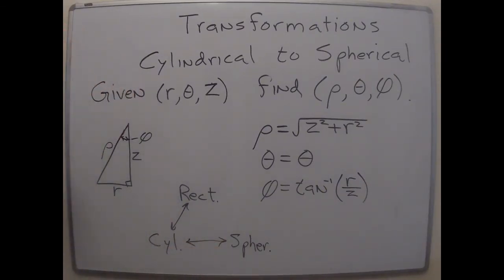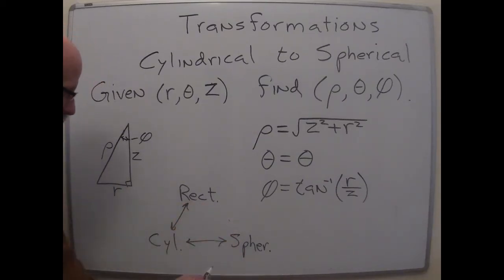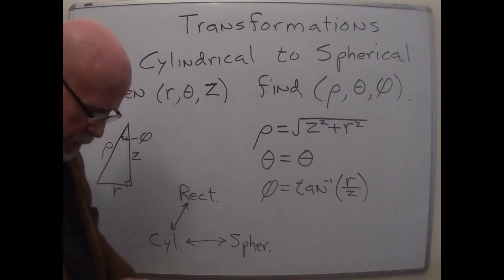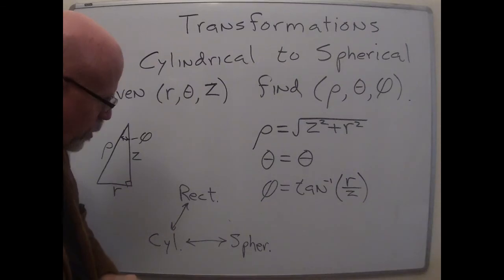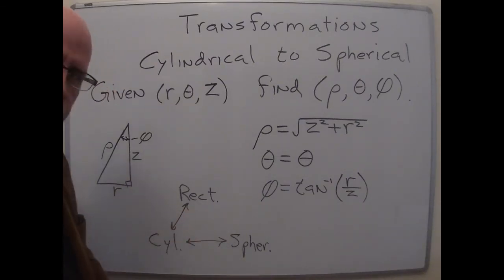I feel a little strange about leaving out these things, but you could certainly get from spherical to rectangular by converting to cylindrical first and going back. Well, I'm going to leave it like that, and maybe in the worksheet we'll explore a little bit about how to make the direct connection between rectangular and spherical.